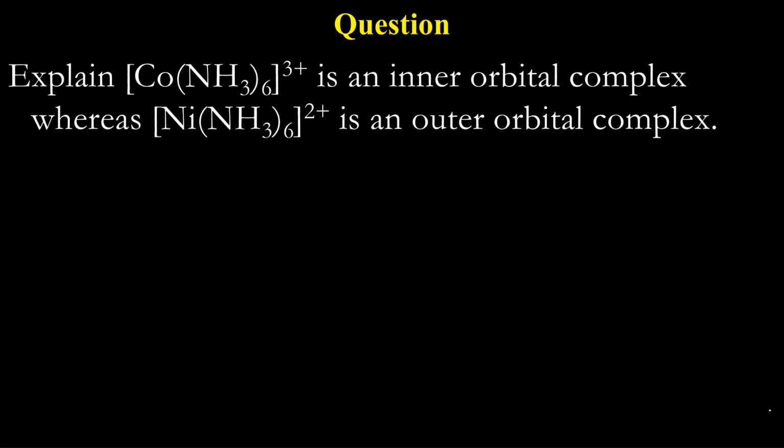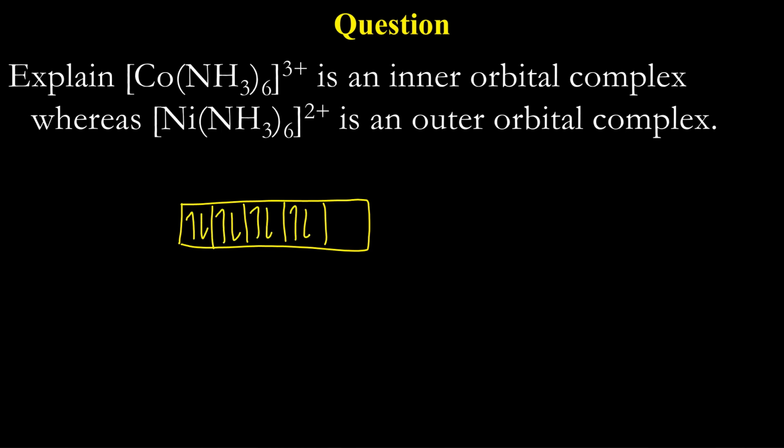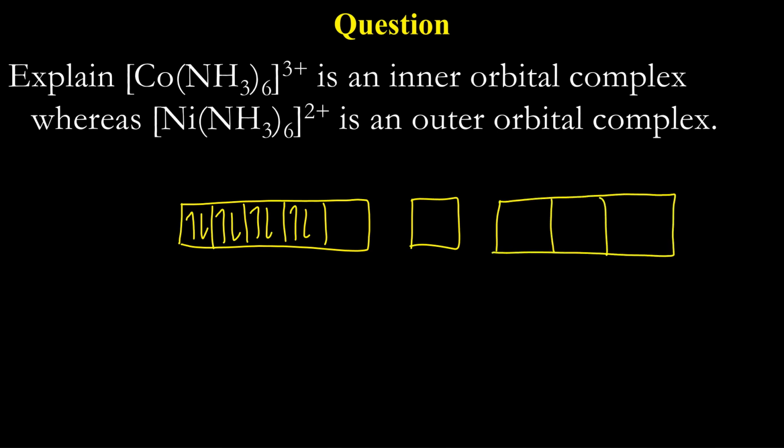Ariman, very good. That is the answer. Tanishi, yes, that is an example, but yes, you are writing it correctly. It means you know, right? Inner d orbital means you are using d orbital of the previous shell. So if it is something like this, d, s, and these p orbitals are being used.